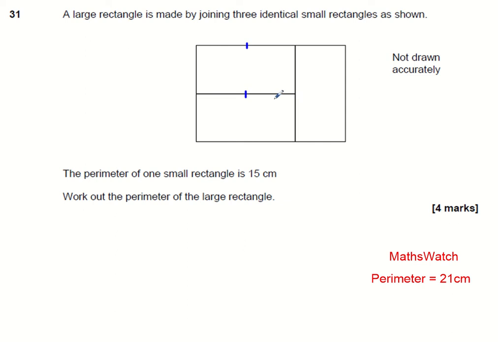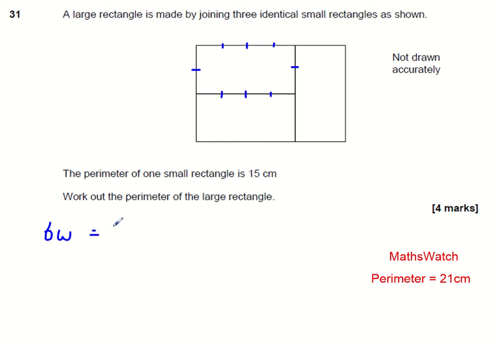So is that bottom. So that's 1, 2, 3, 4, 5, 6 widths is 15 centimeters, because that's the perimeter.